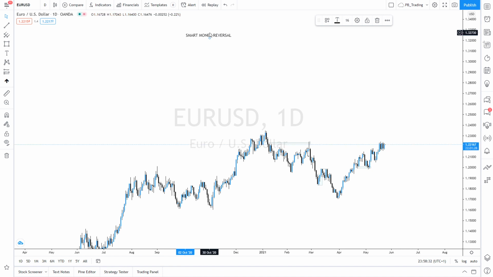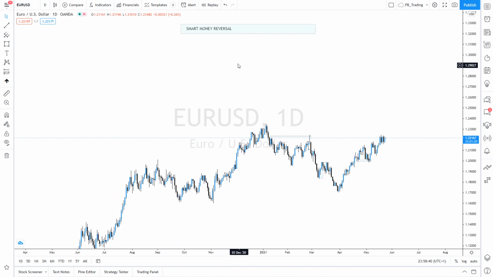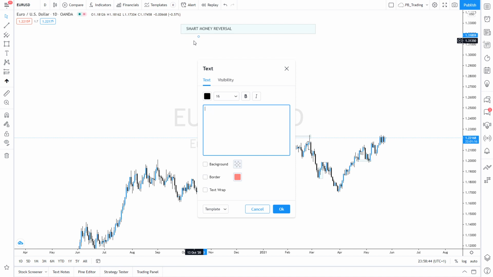So pay good attention and grab the best you can from it. Now let's get straight into it. This part deals with the principle of spring and upthrust.